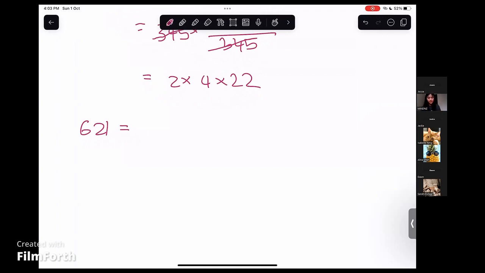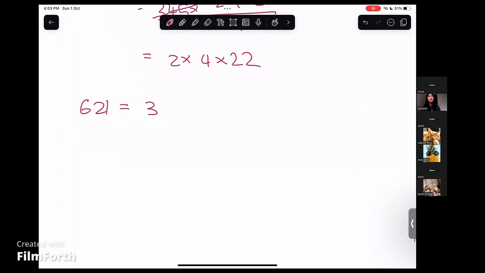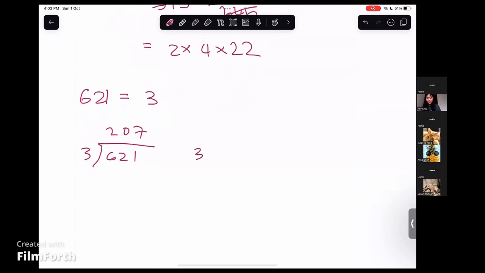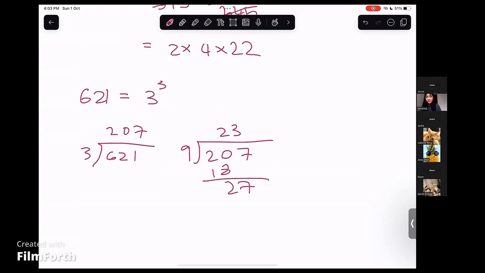Okay, so it's definitely divisible by 3. And 621, let's divide by 3, 207, oh, 7. We can divide by, I'm pretty sure we can divide by 9 this time. Yeah, we could divide by 9. Okay, anyways, so it should be something like this. Is this what everyone got? Yes, fabulous. Okay.